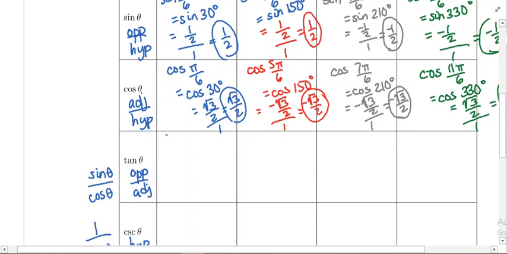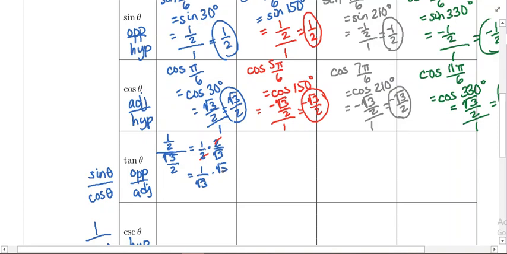So the sine is 1/2 divided by the cosine, which is the square root of 3 over 2. If you're dividing fractions, you leave the first fraction alone, change to multiplication, flip the second fraction, and then multiply. Your 2's will cancel. You'll get 1 over the square root of 3.